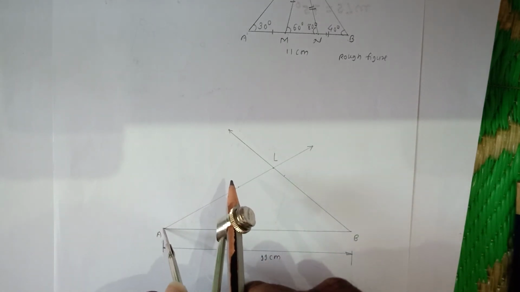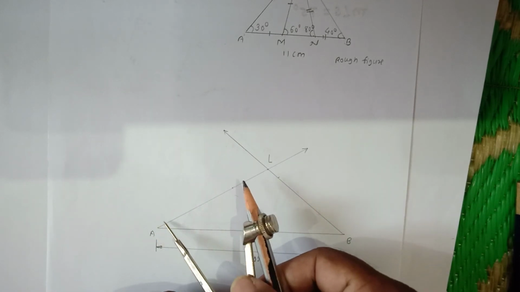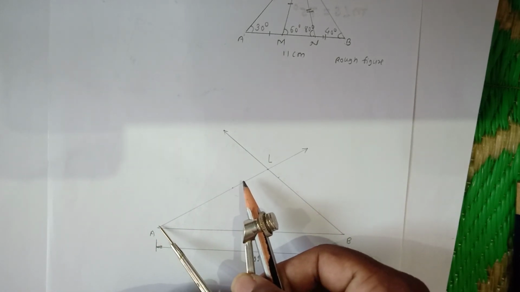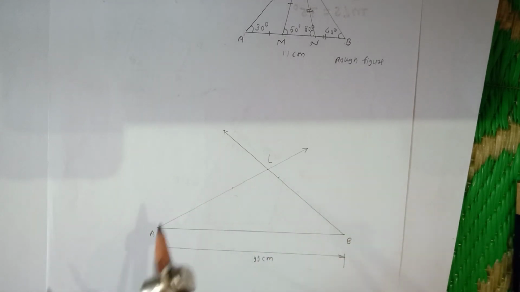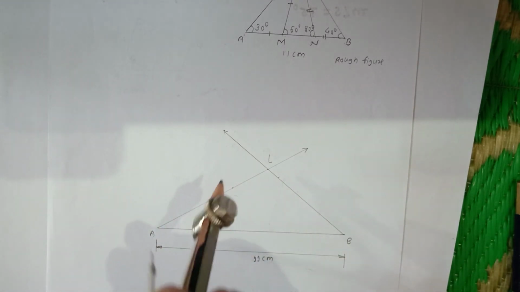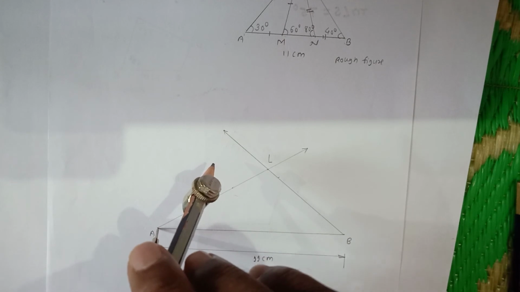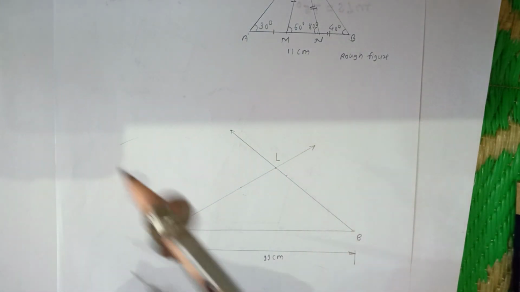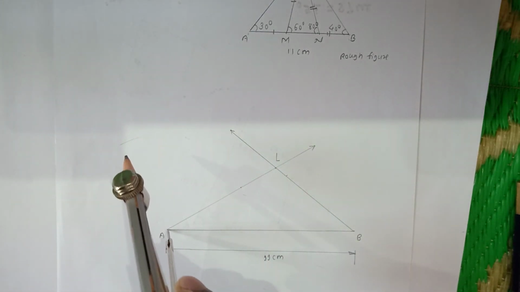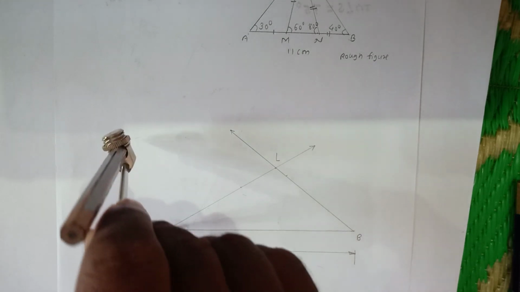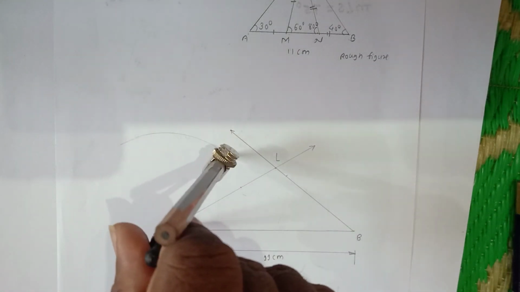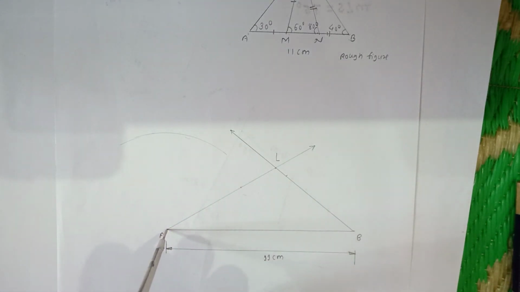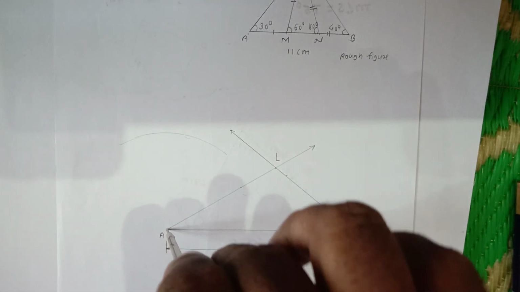Now draw the perpendicular bisector of AL. So take more than half of distance of AL in a compass. Put compass at point A and draw the arc on both sides of AL.